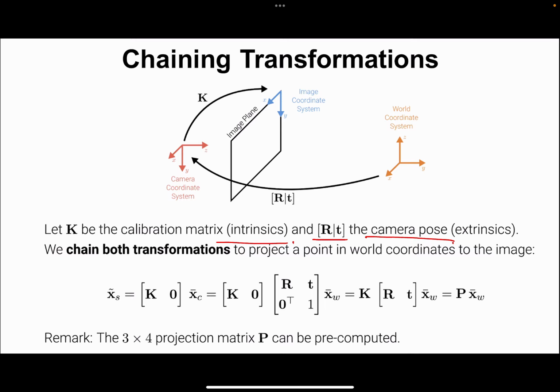And formally, to define the extrinsic camera matrix, we introduce the world coordinate system. I know it's very confusing, very complicated, but there are three coordinate systems. Don't be afraid. First one is the world coordinate system.